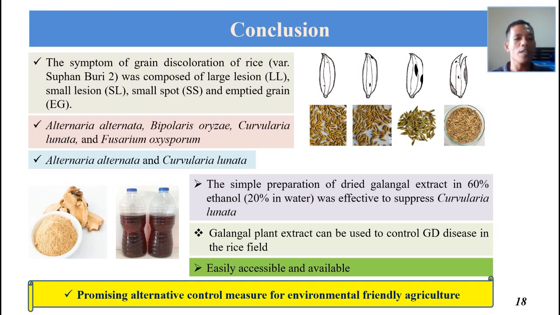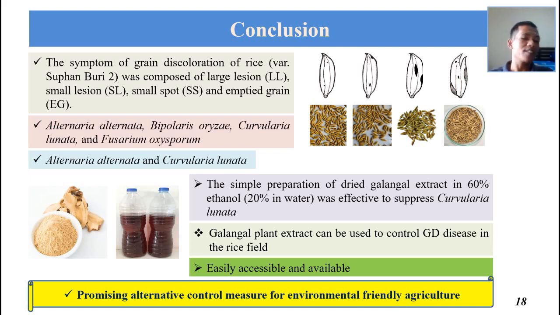Among those, Alternaria alternata and Curvularia lunata play the most important role in causing the empty grain in the rice variety Sabamori 2. So only 20% galangal can suppress and control Curvularia lunata.